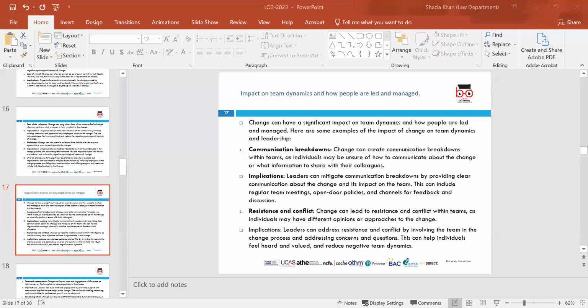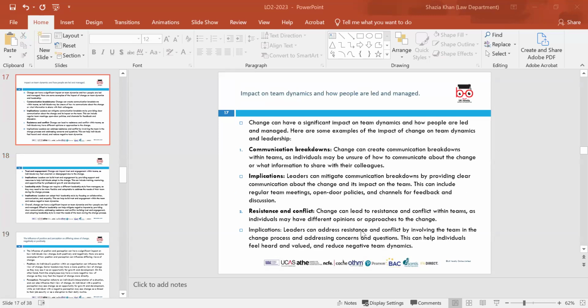The first one is communication breakdown, and that is one we've used before. With change and communication breakdown within teams, individuals are unsure what the change is, and it's not being communicated to them well. And the implications, like we said, leaders can prevent communication breakdowns by communicating clearly to them what the changes will involve.